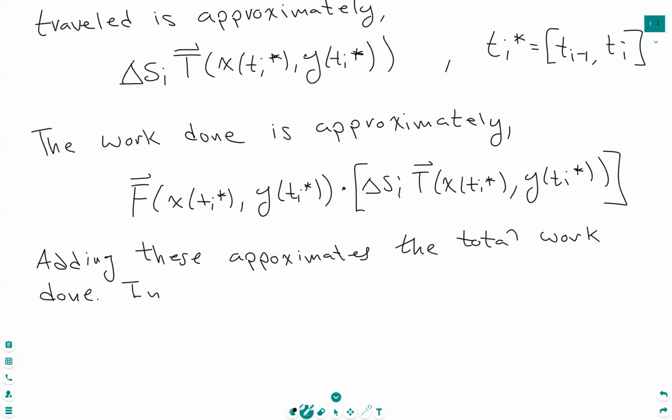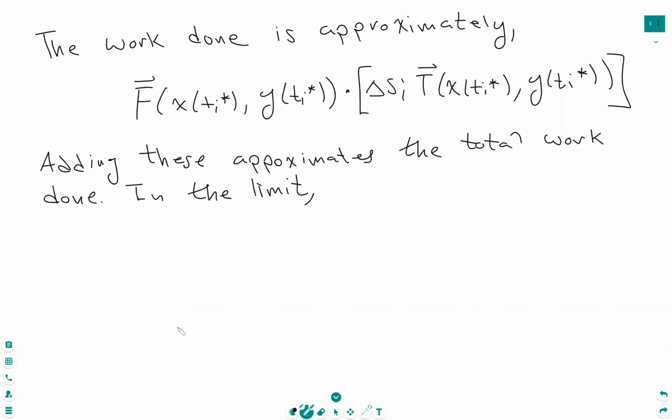In the limit, we can actually say that the work done is the line integral over C of the vector field F of x and y dotted with T ds.